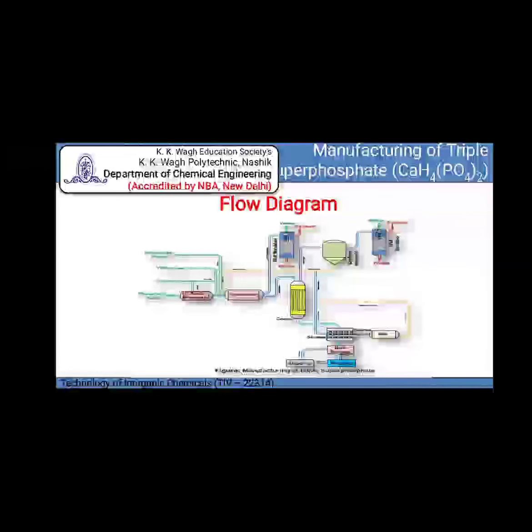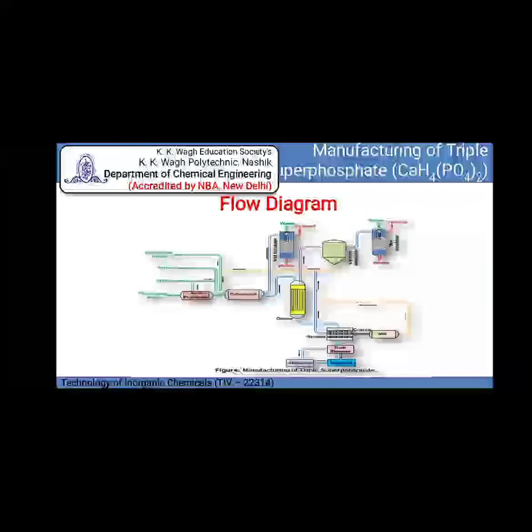In granulator, the reaction takes place to produce the triple superphosphate, and the hydrofluoric acid is sent to the top of the wet scrubber. Here, the hydrofluoric acid vapors are washed with the help of water, and the remaining gases which are free from hydrofluoric acid are released to atmosphere after proper treatment.